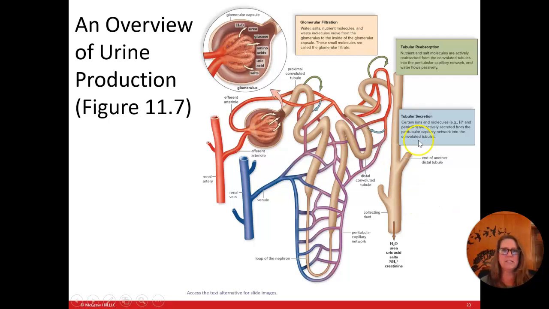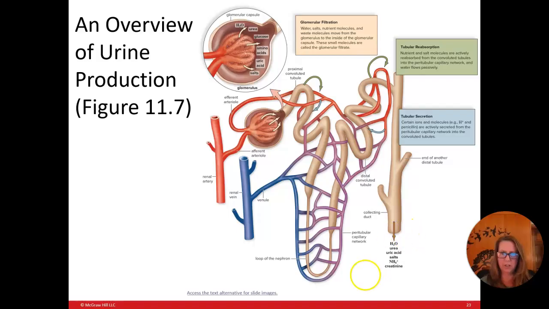So once all this has happened, the filtration, reabsorption, and secretion, then we're going to have those materials that definitely are going to be eliminated. Now, I know you're doing a urinalysis in your virtual lab, so that will give you an idea of all the things that are in your urine that are normal, and then what things are not normal, and then sometimes it's a matter of concentration.